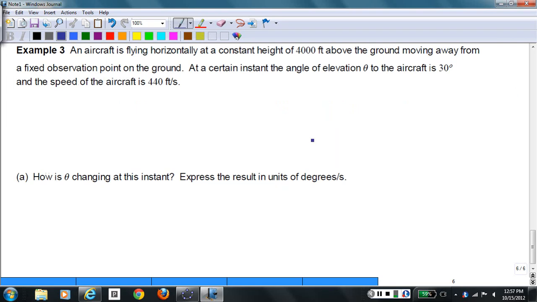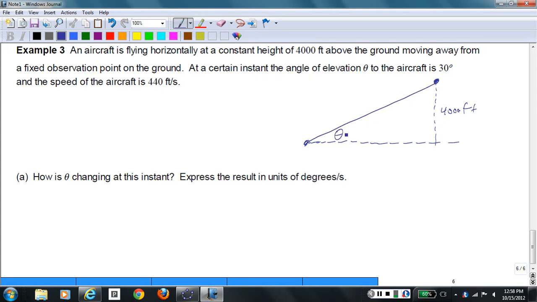So here's a fixed observation point on the ground, and let's say this is ground level, and 4,000 feet above ground level. I'm not going to attempt to draw an airplane here, maybe just a dot. 4,000 feet above ground level looks like that. 4,000. And at a certain instant, the angle of elevation, theta, to the aircraft is 30 degrees.